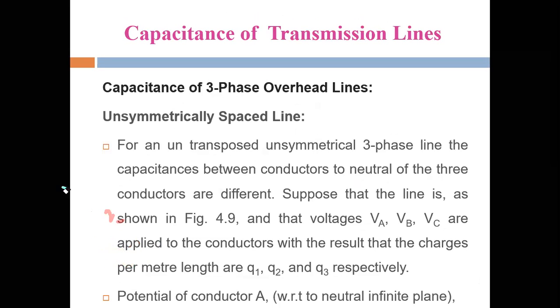For unsymmetrical transposed conductors, the voltages are VA, VB, VC and the charges are Q1, Q2, Q3 respectively.